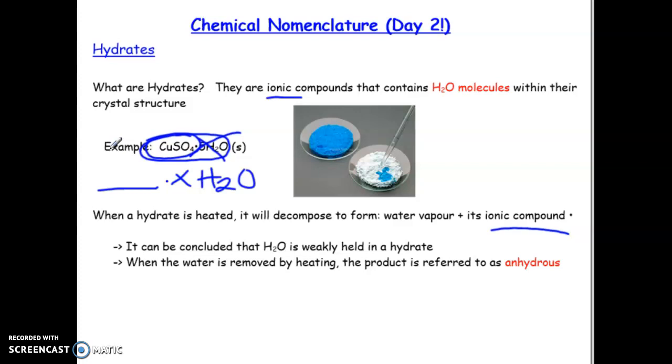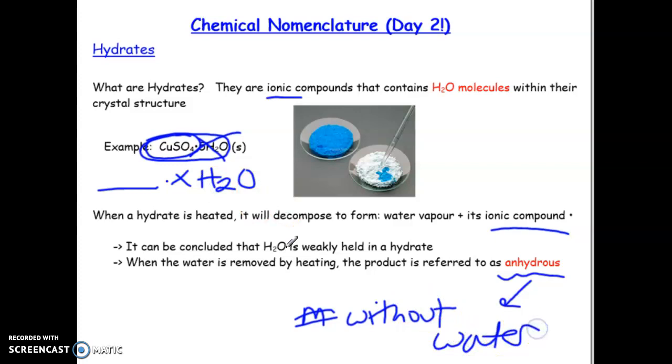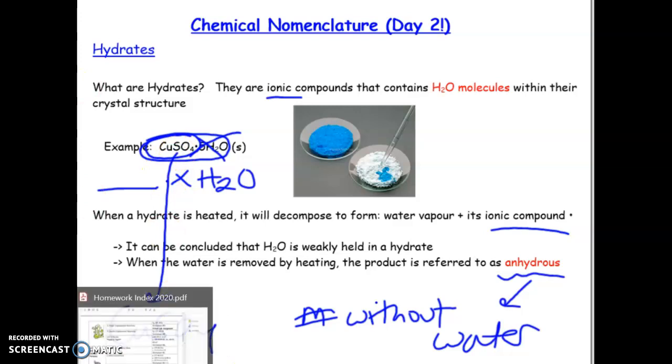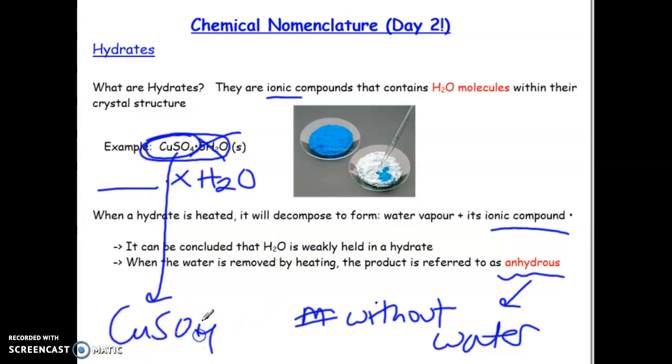Sometimes those are referred to as anhydrous, meaning without water. So the anhydrous version of copper(II) sulfate pentahydrate, which I'll tell you how to name in a second, would just be copper(II) sulfate.